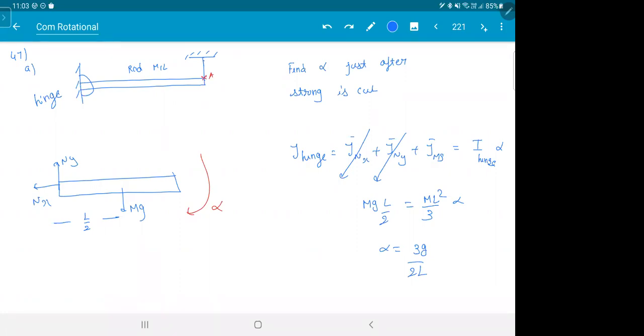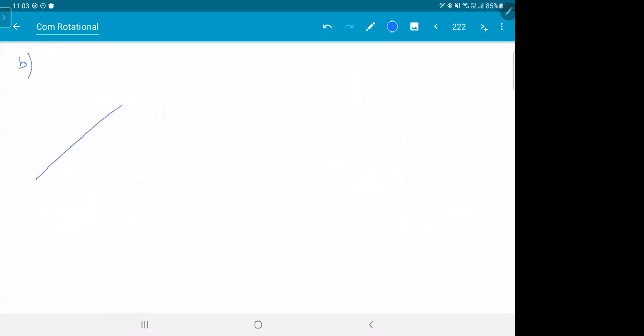Last one. You guys try this thing. Theta, the uniform rod. Ground is rough and there is no slipping. So the string is cut here.